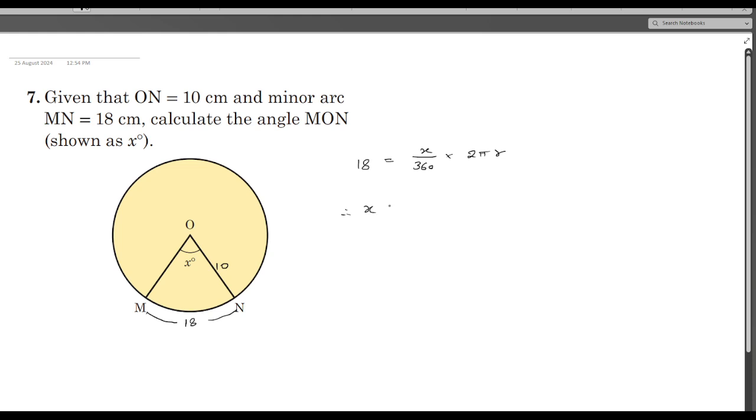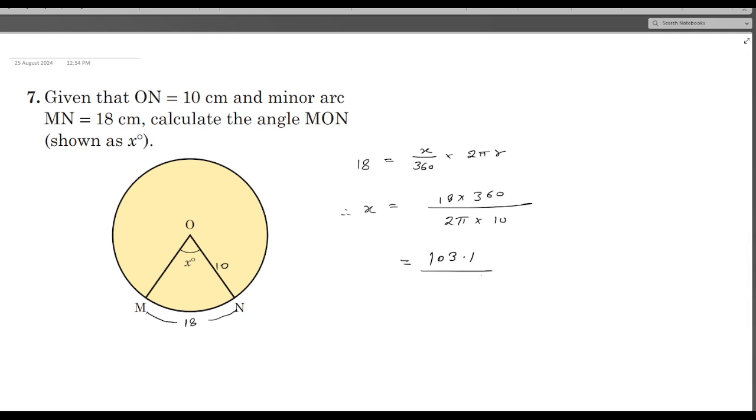So x will be 18 times 360 divided by 2 pi r. R is 10, so x is 18 times 360 divided by 2 times pi times 10. Your result x is 103.1, up to 1 decimal place.